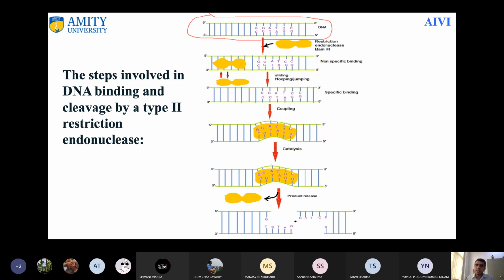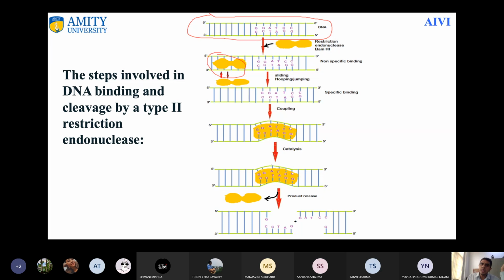Once it is bound non-specifically, it glides over your DNA sequence. Like you can see, it binds non-specifically here, but it is not going to produce a cut here. It may leave this spot because the recognition sequence is not this one.